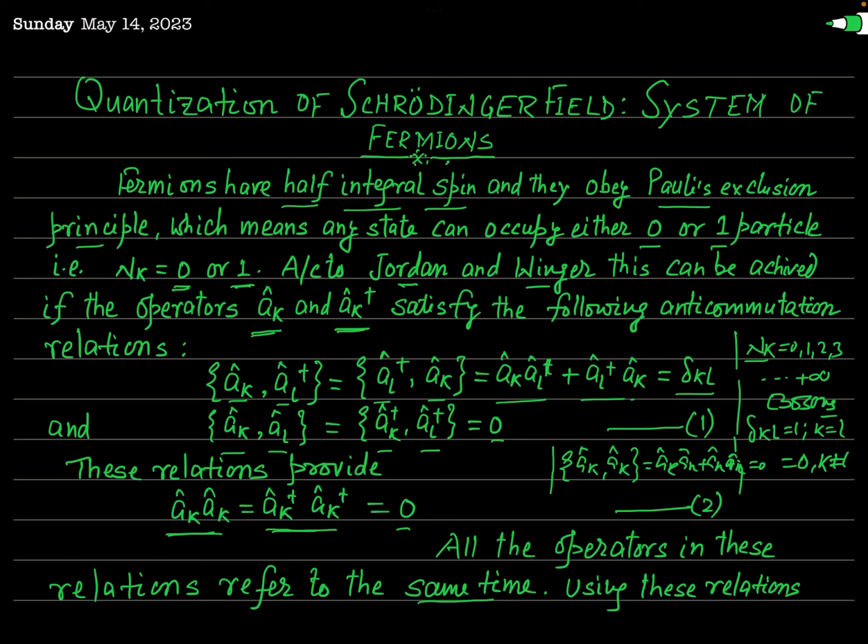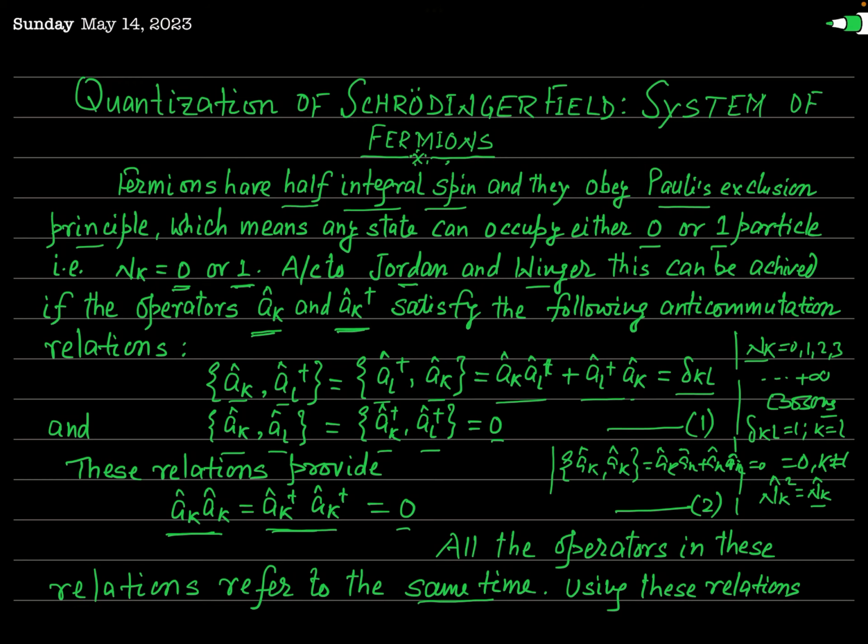Now when we use these relations, we can easily see that the square of the number operator, that is n_k hat squared, will be simply equal to n_k, because the eigenvalue of n_k hat is either 0 or 1, and you know that the square of 0 is also 0 and the square of 1 is also 1.